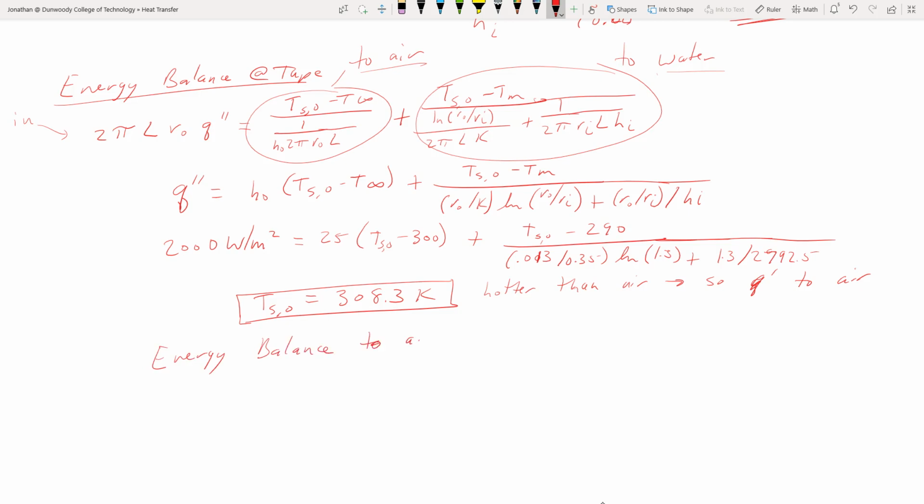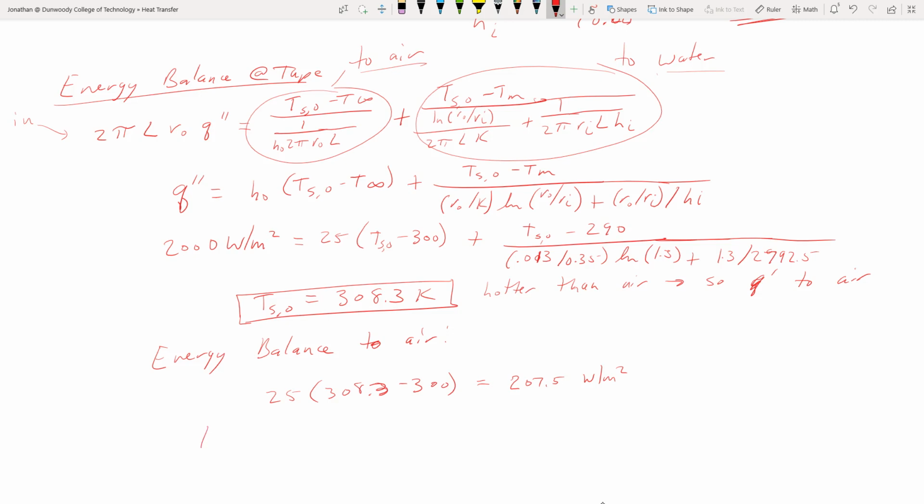To air, we get 25 times (308.3 minus 300). That works out to be 207.5 watts per meter squared.